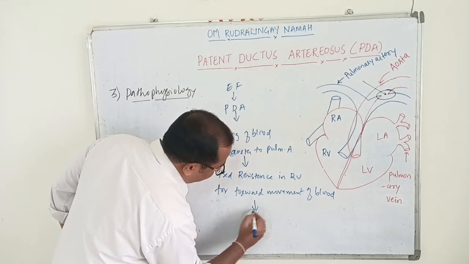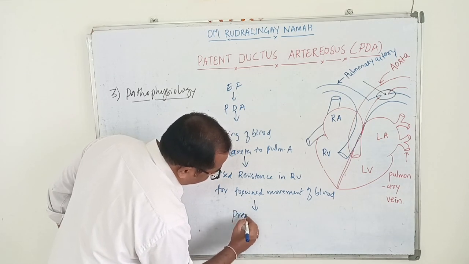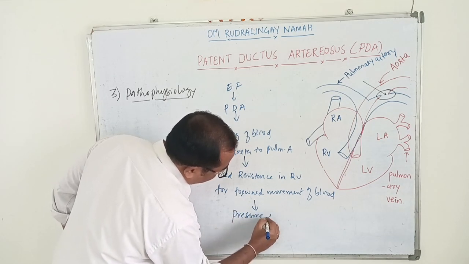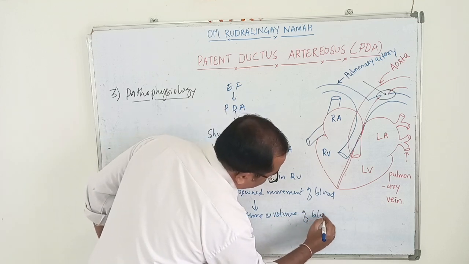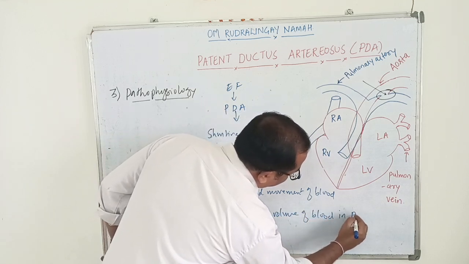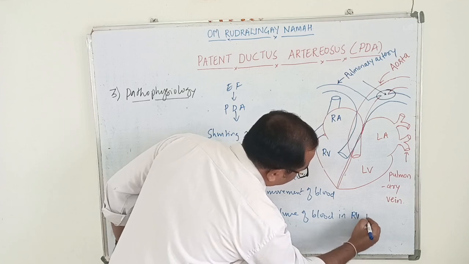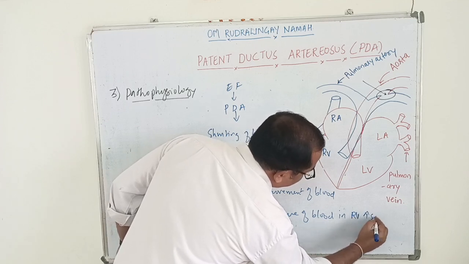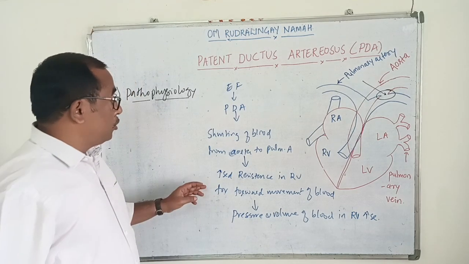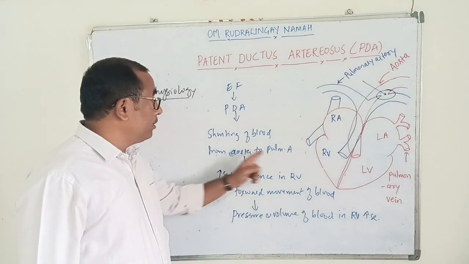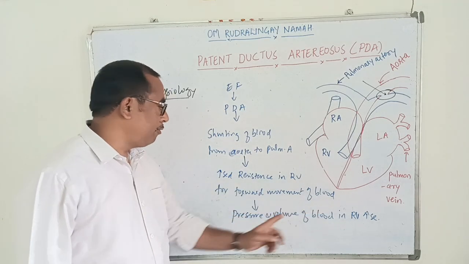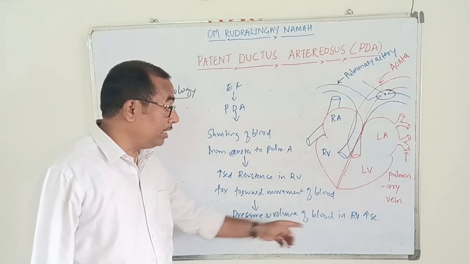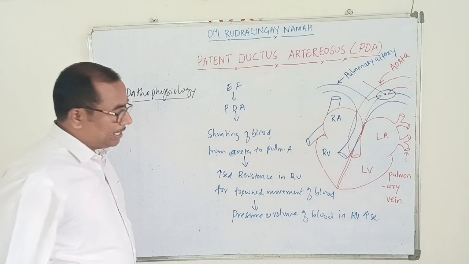So because of this, the pressure and volume of blood in the right ventricle increases. Because of shunting of blood from the aorta to the pulmonary artery, there is increased resistance in the right ventricle in the forward flow of blood. So the pressure and volume of blood in the right ventricle increases.